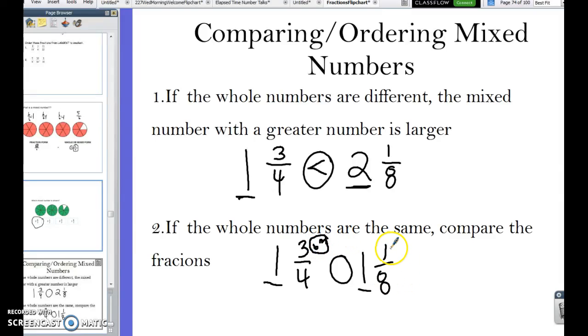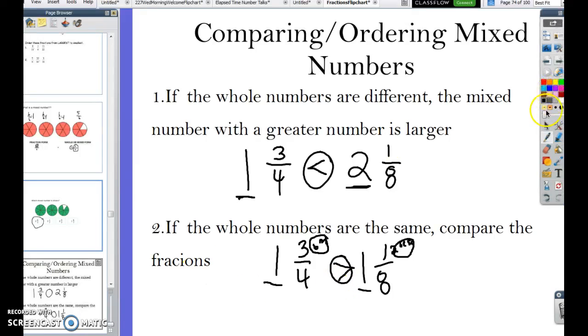And then if I compare 1/8, this is 2, so this is less than 1/2. So that means that this side, 1 and 3/4, would be greater than, because the fraction is greater than this fraction. So again, we compare the whole numbers first, then we compare the fractions, and whichever fraction is greater is the one we put the inequality sign facing.